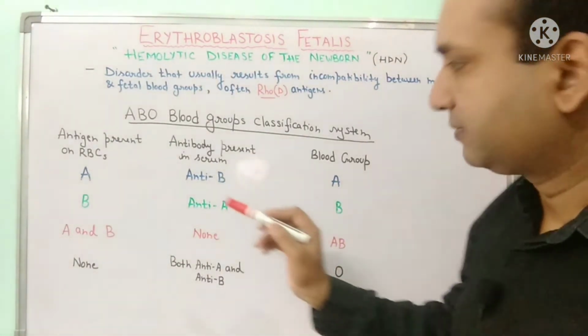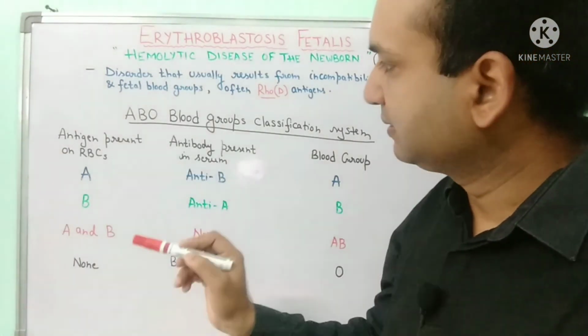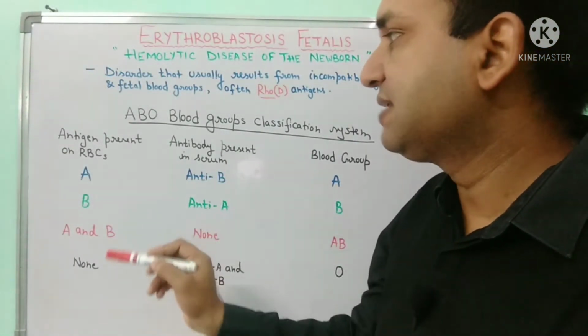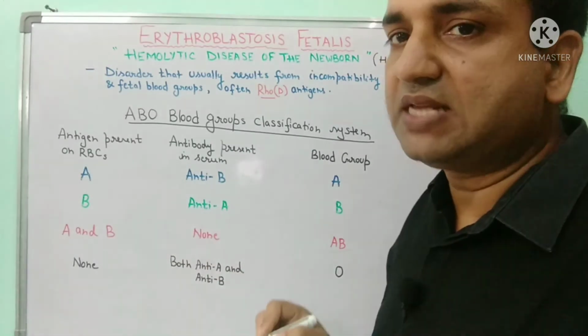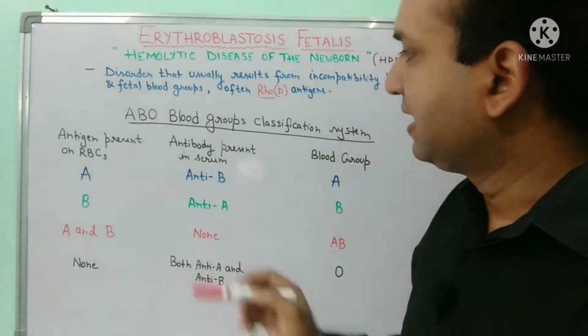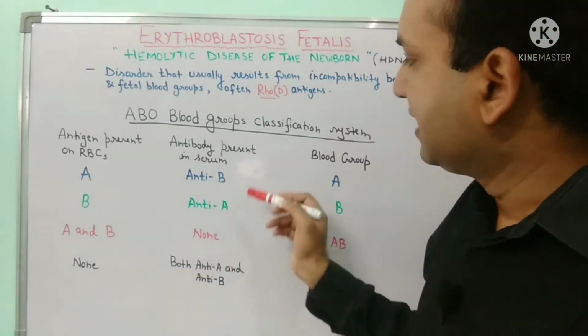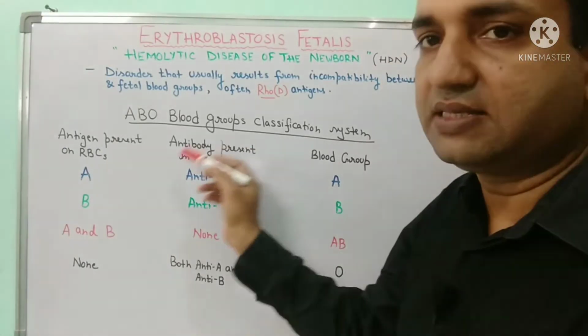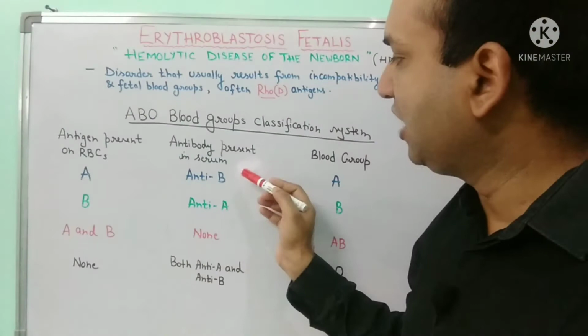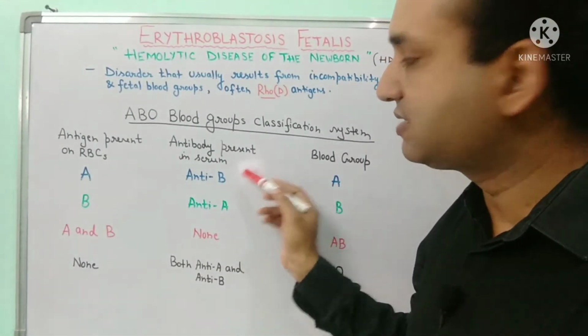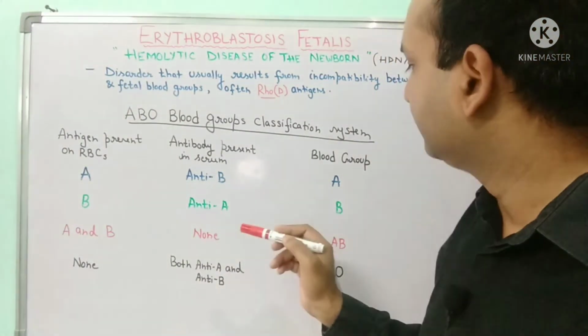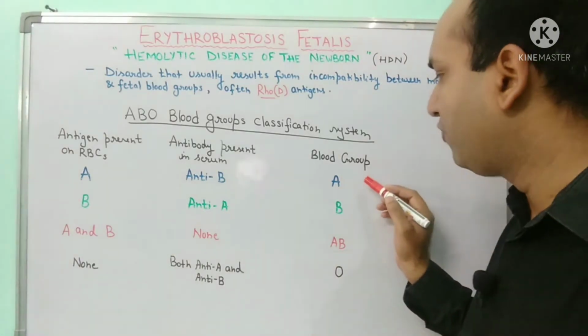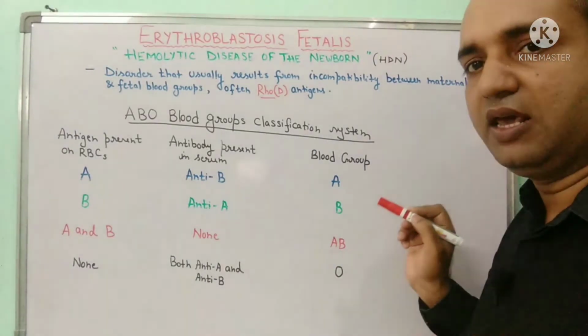So, suppose a person whose blood has antigen A present in the RBCs. In such a person, his body will not make antibodies against his own antigen A, but it will make antibodies against the antigen B. And now his blood group will be blood group A.